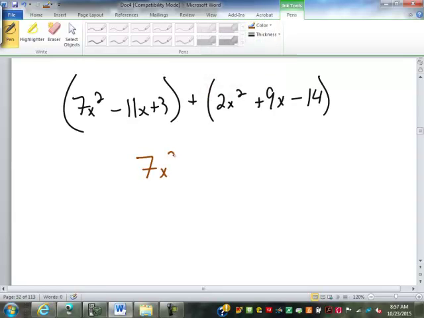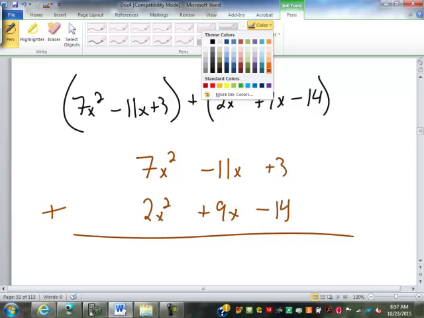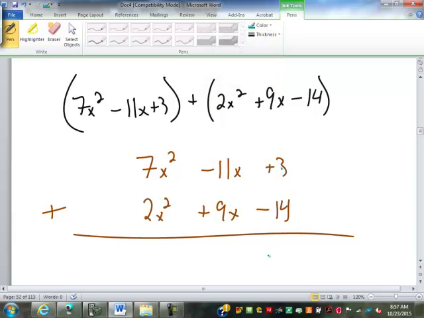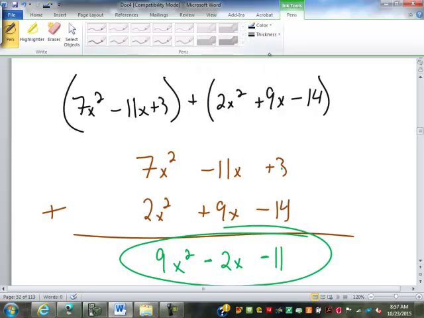But still, we're going to line it up. 7x squared, negative 11x, plus 3; 2x squared, positive 9x, negative 14; and we're going to add again. 3 plus negative 14, negative 11. Negative 11x plus 9x, negative 2x. 7x squared plus 2x squared, 9x squared. There it is. What do you think? Woohoo!